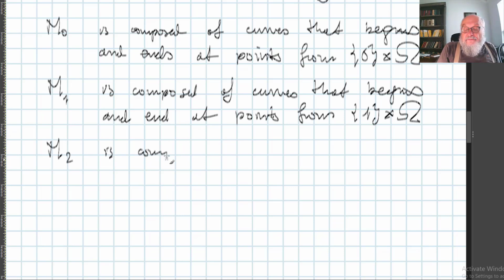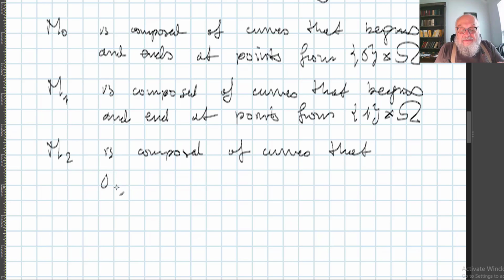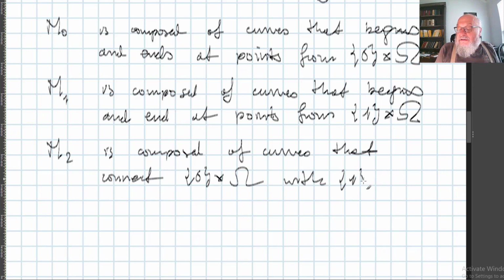what is M2? It is composed of curves that join, maybe like this, curves that connect 0 times omega with 1 times omega.